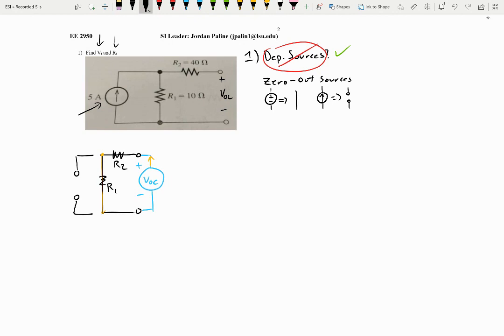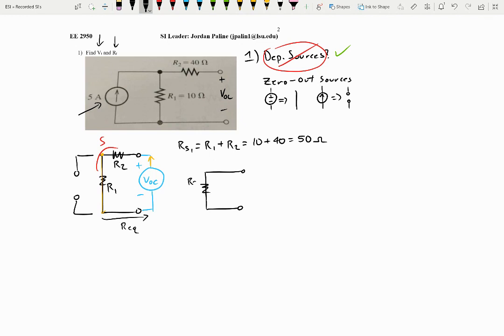Okay. And then if we're working this way to find our equivalent, we'll notice that these two are on the same wire. They're going to be in series. So I will write R series 1, and that'll be R1 plus R2. That will be 10 plus 40, which will give us 50. So 50 ohms. Then draw it real quick.